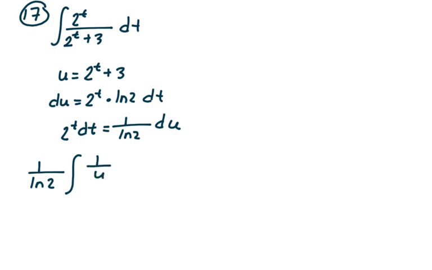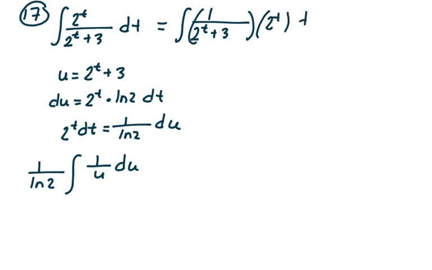1 over u du. And if it helps, I would write the integral this way, by the way. You can write this as 1 over 2 to the t plus 3 times 2 to the t dt. And so you notice this piece of the integral was equal to 1 over natural log of 2 du.